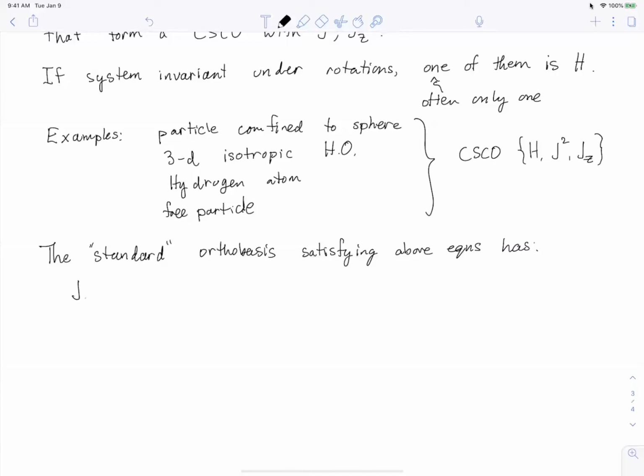Okay, so again, J sub z acting on an orthobasis element is ħ m. That's saying it's an eigenstate of J sub z. Okay, and then there's J plus.